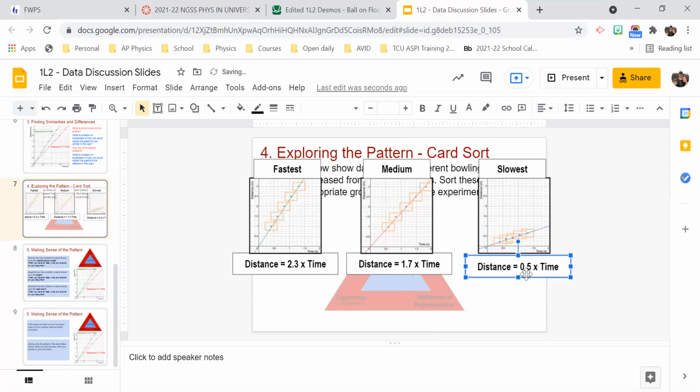At time 1 second, that blue best fit line is going to cross at about 0.5 meters. So 1 times 0.5 is going to give us a distance of 0.5. So using that time of 1 second makes this analysis very, very easy. Just a tip.